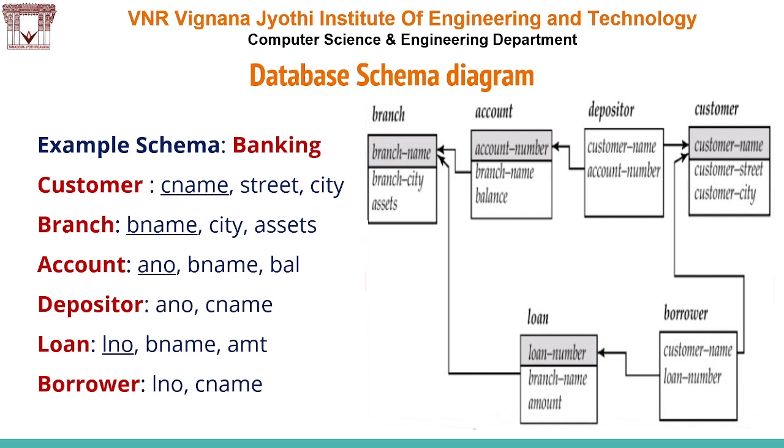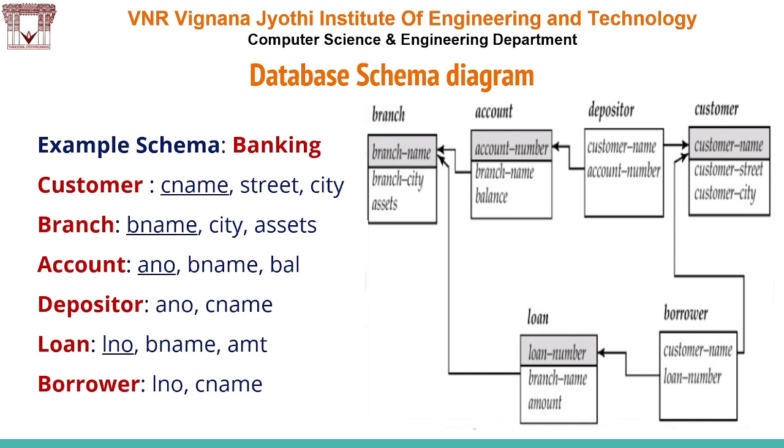So if they open an account, their name will be registered in the customer table. And if it is an account, then the account number will also be linked with the depositor. Similarly, depending upon the type of activity the customer is performing, such as taking a loan, the particular information will be recorded in the loan and the borrower tables.